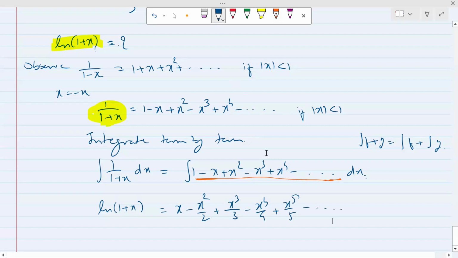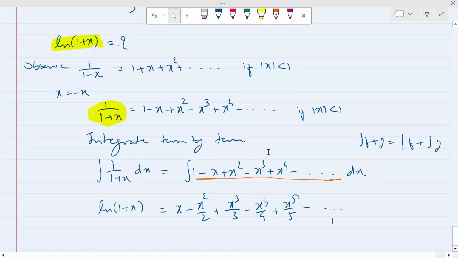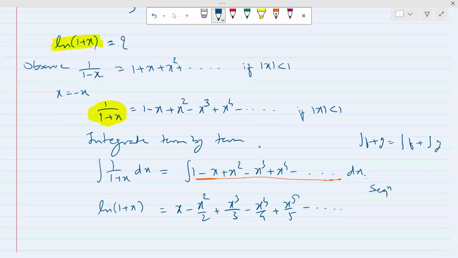Sir, what are the conditions for integrating an infinite sum? For the conditions you need to learn something called sequence and series of functions. There you have three standard theorems: term by term differentiation, term by term integration, and term by term limit, for summation fn(x).